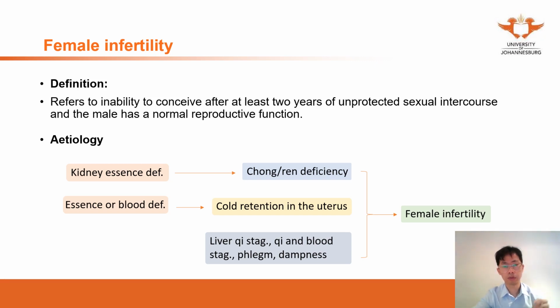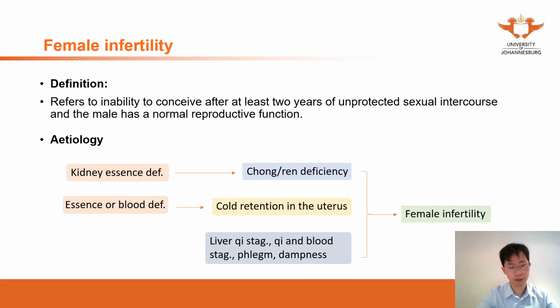So our treatment will focus on the kidney and the uterus. In Shennong Bencao Jing, the materia medica book, it describes that if wind cold attacks the uterus, the lady will result in infertility, and it describes a 10-year infertility issue.